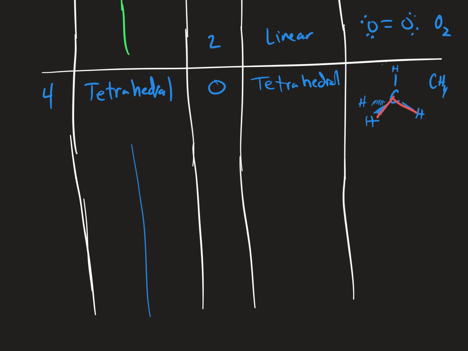All right, let's go to the next one. If we have one lone pair and 4 regions, this is going to be like NH3. And we kind of drew the structure already just before this. So it's going to look like this.